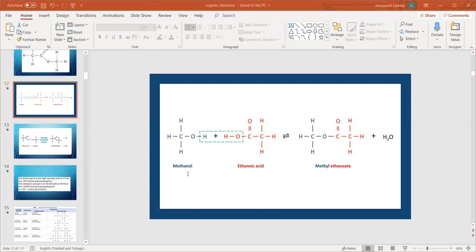So on this side here, for methanol, we have the presence of one carbon, and on the other side, over here, we have two carbons present.